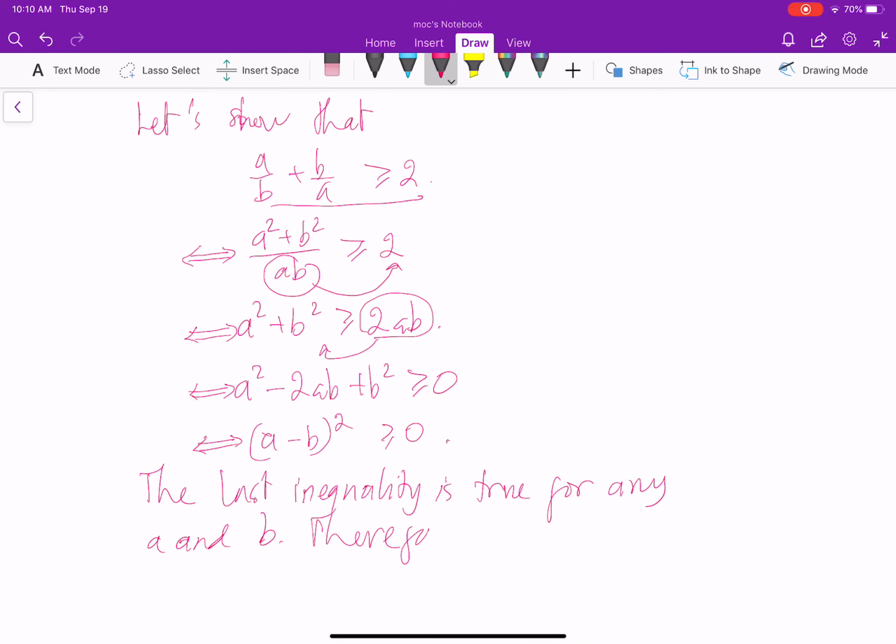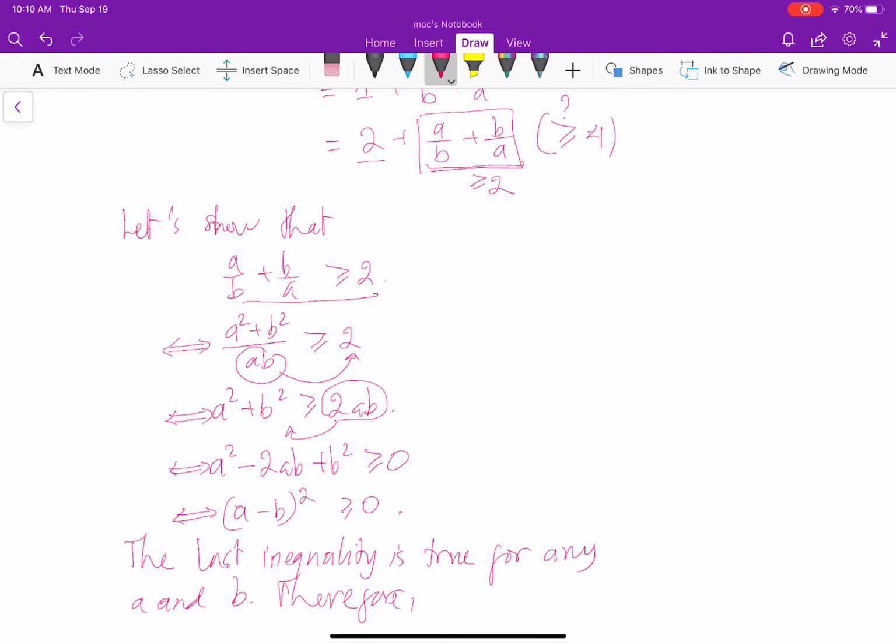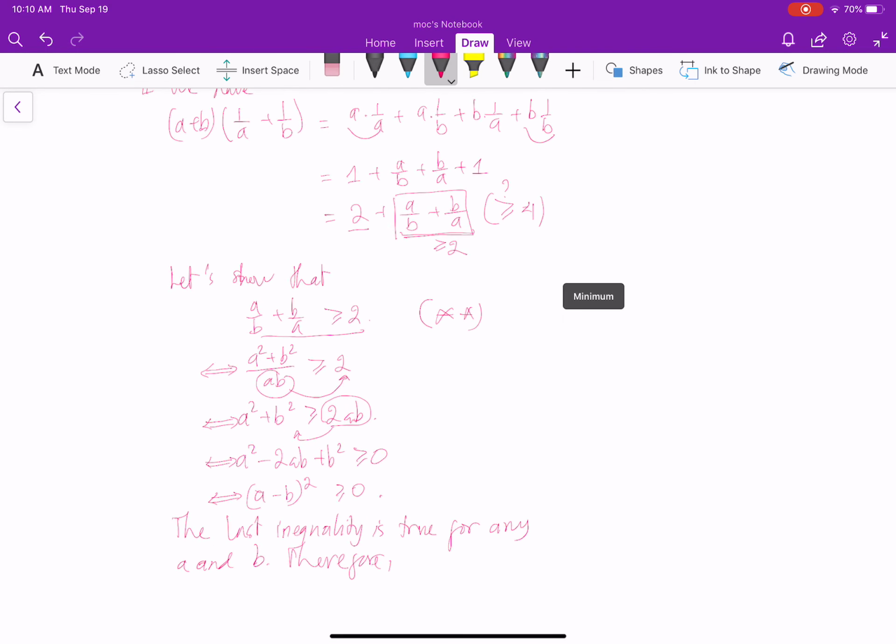Therefore, the second one, 2 star, is true.